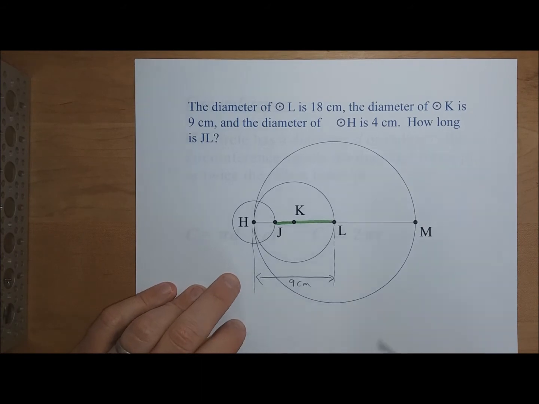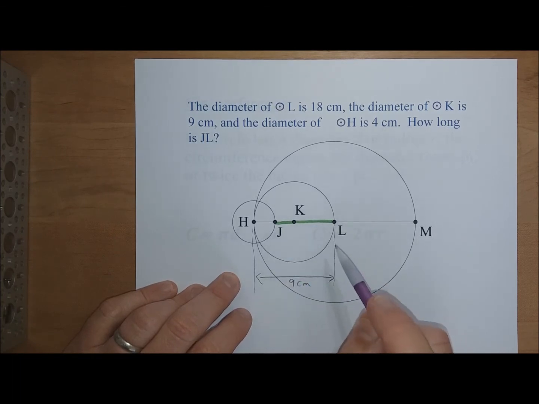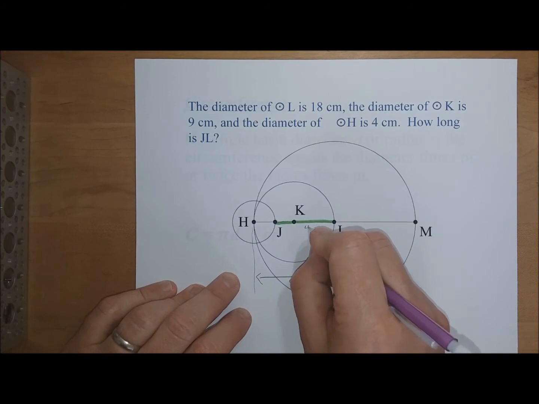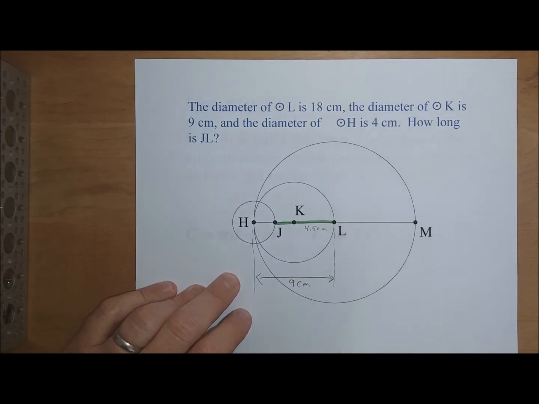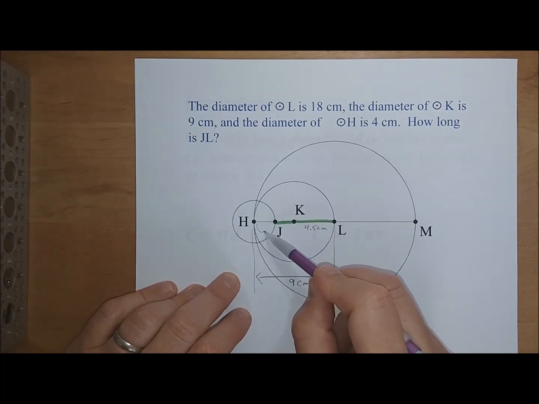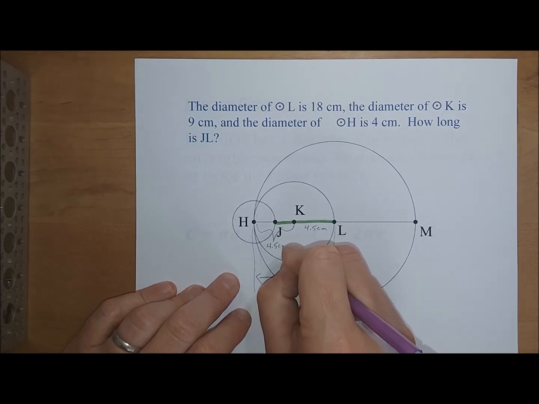And they tell us that the diameter of circle K is 9 centimeters. So KL, for instance, would be half of that, 4.5 centimeters. Good, that could be helpful. And this segment right there is also 4.5 centimeters.